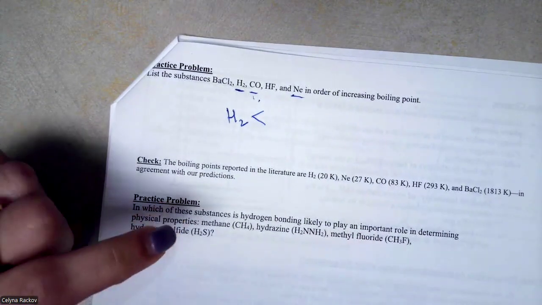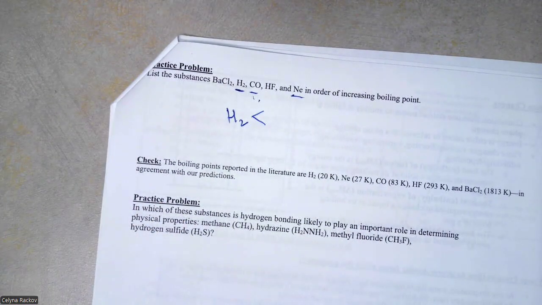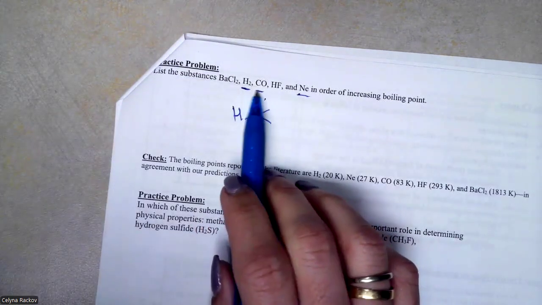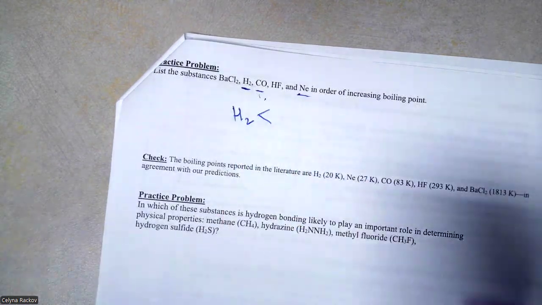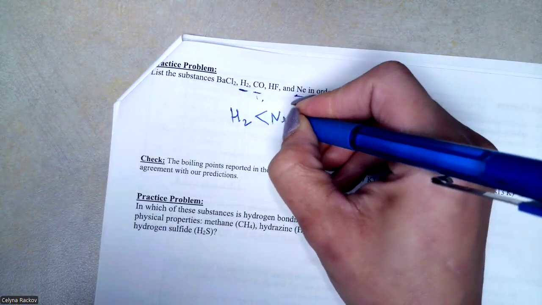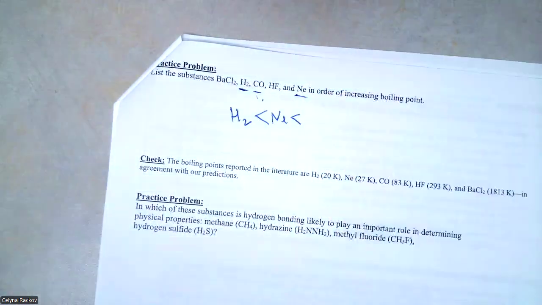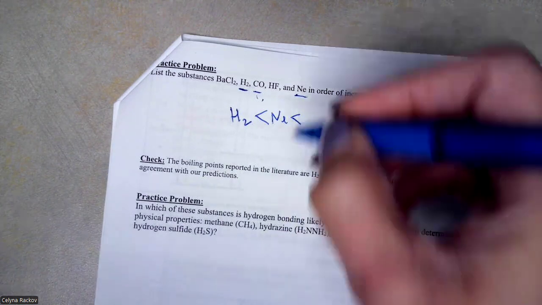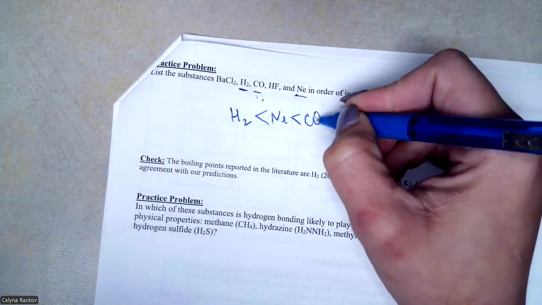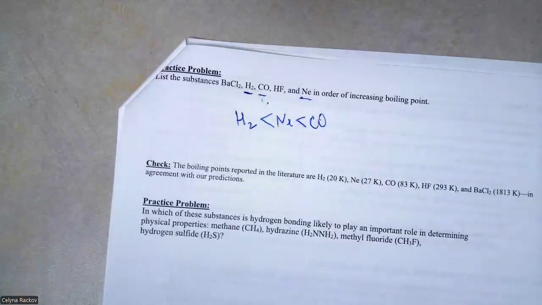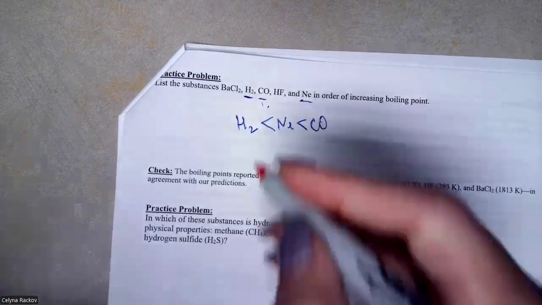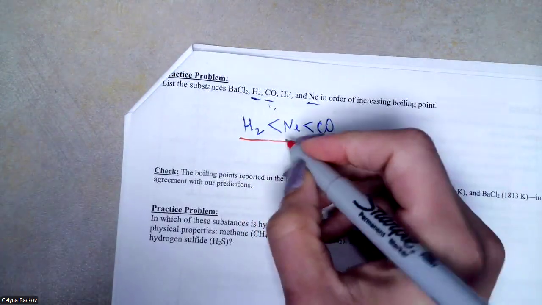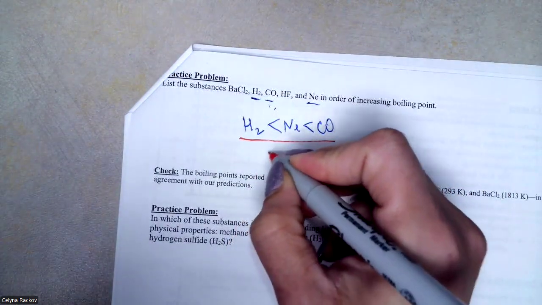Why neon? If you look at the molar mass, neon's is higher than hydrogen but lower than carbon monoxide. So neon has a lower boiling point than carbon monoxide. So all these three have only dispersion forces.